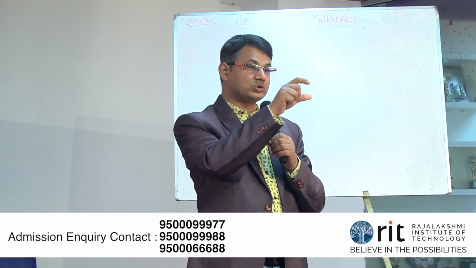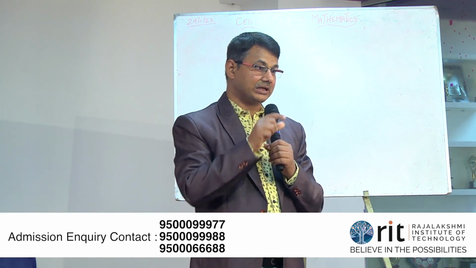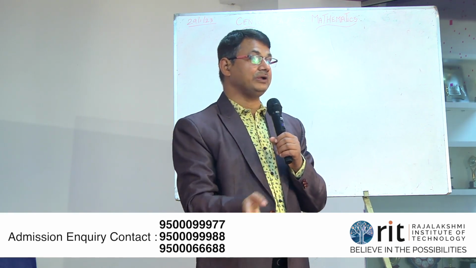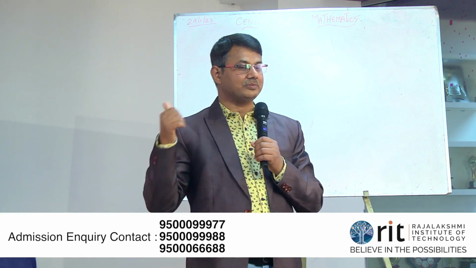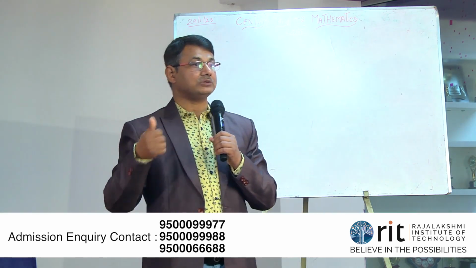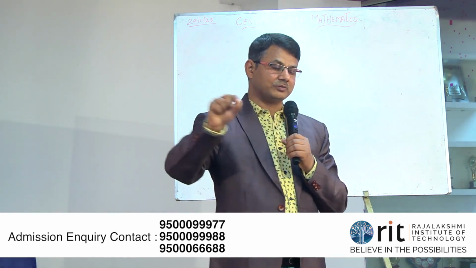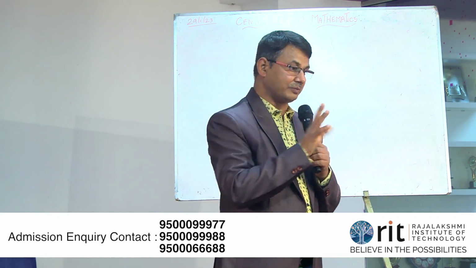What will happen when two lines intersect orthogonally, or cut each other at 90 degrees? These concepts have already been taught in class 11. So when CBSE says tangent and normal, it means only: find the equation of the tangent, find the equation of the normal. These two types of questions will not be asked.